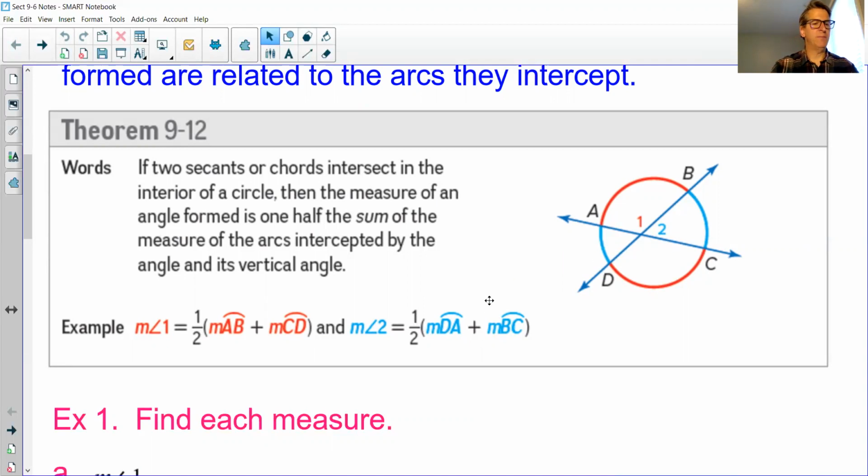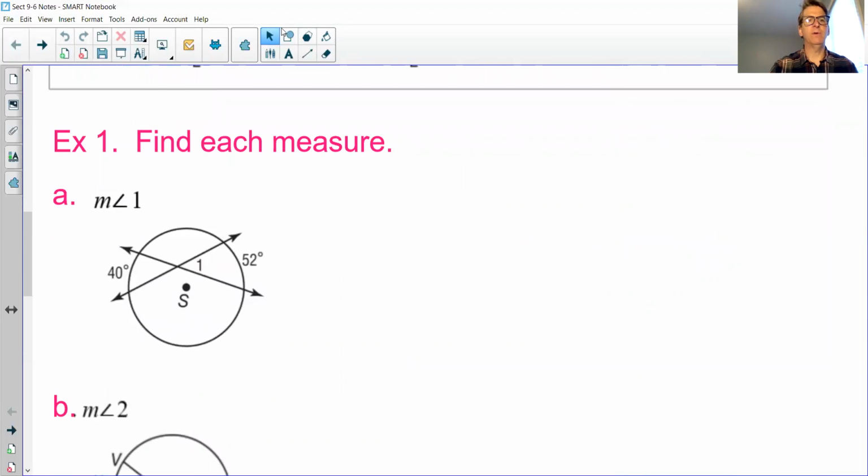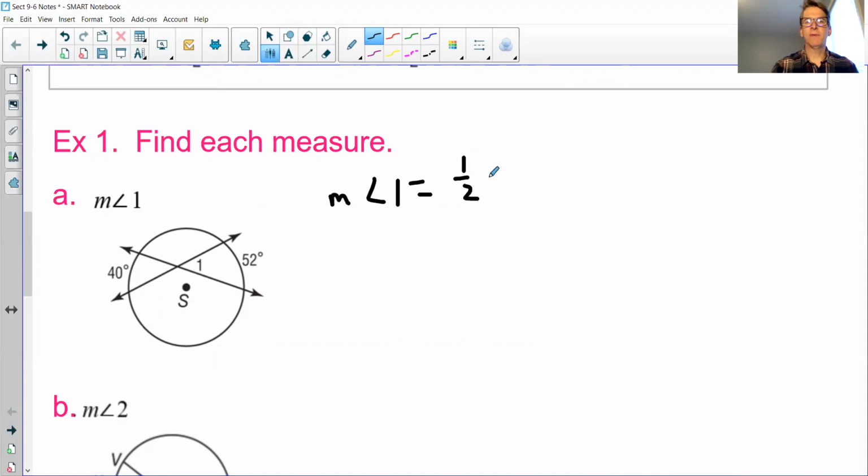Let's do some examples. Example 1. Find the measure of angle 1. The measure of angle 1 will equal 1/2 times the sum of 40 plus 52.